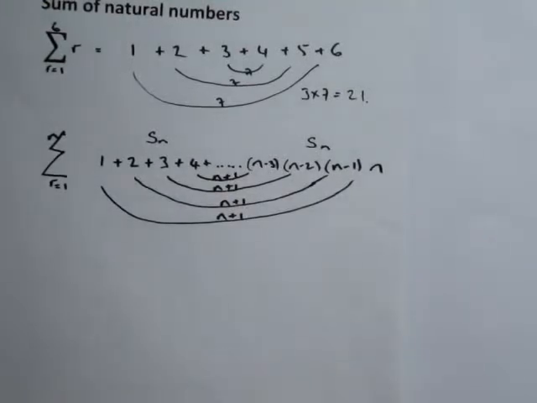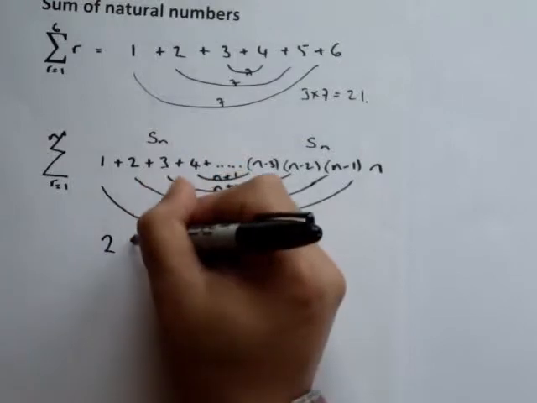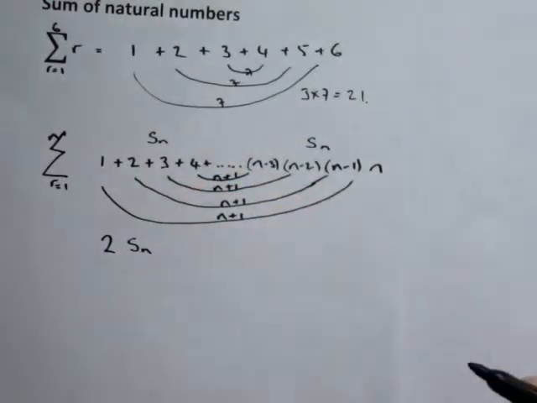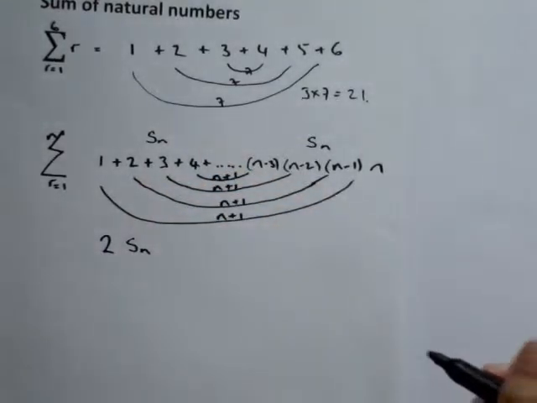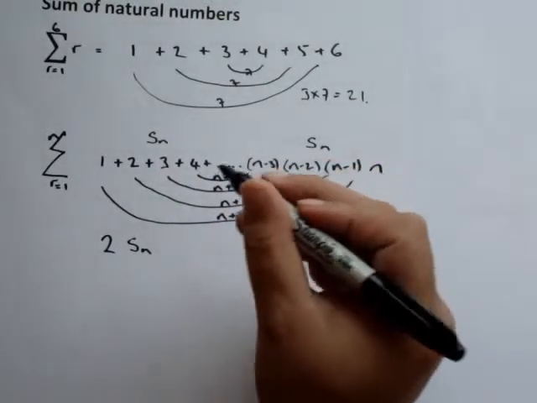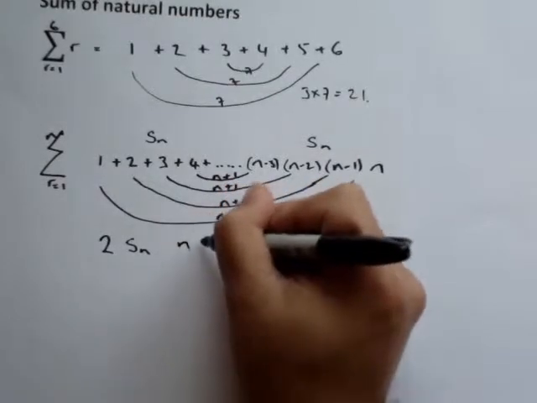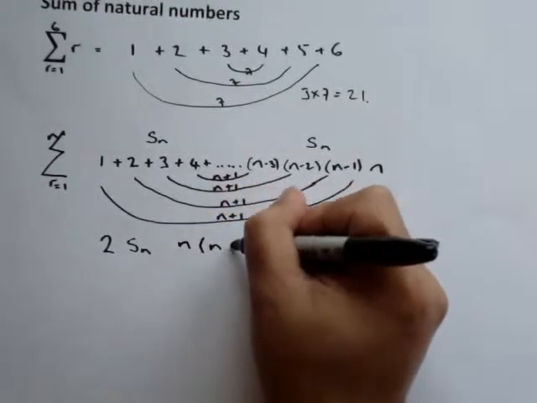Now we've got two groups, which is 2Sn, and each group is n plus 1, so it's n multiplied by n plus 1.